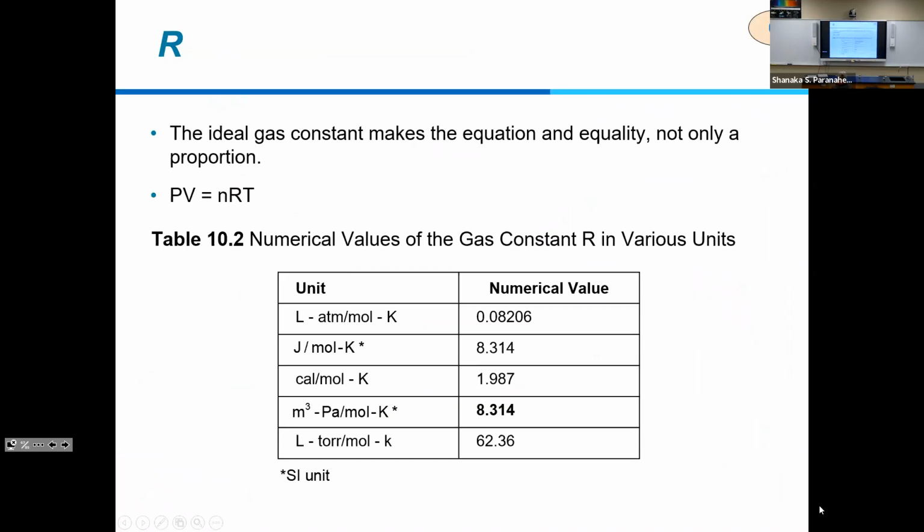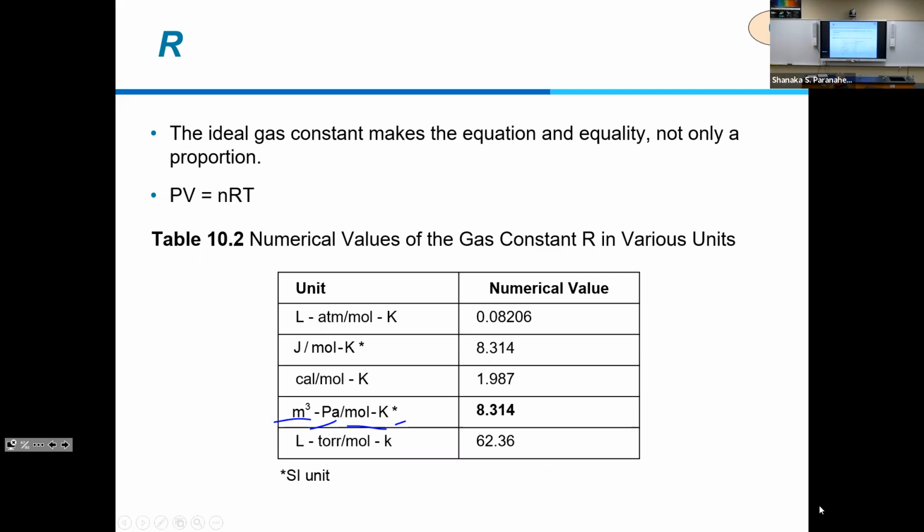Depending on the unit in the equation, you have to pick the correct R value. If I give my pressure in Pascal, volume in cubic meters, moles, and Kelvin, that's the R value. If our pressure is in atmospheres and volume in liters, the first value is the one you need to substitute in the equation.